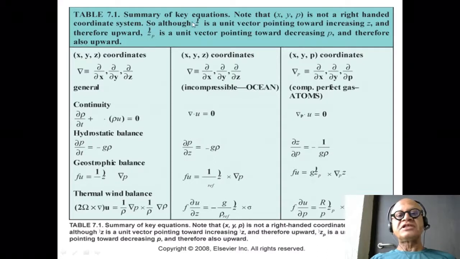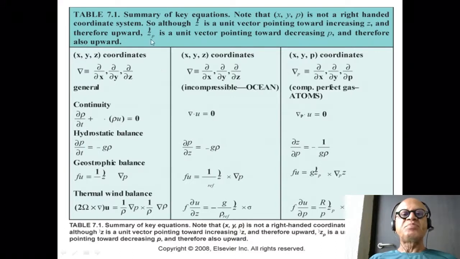Okay, so let's summarize the key equations in the XYZ coordinates and in the XYP coordinates for incompressible and for compressible. So this is the general equations. When we have incompressibility, things simplify, and when we have compressible fluid, we move to the XYP coordinate, right?